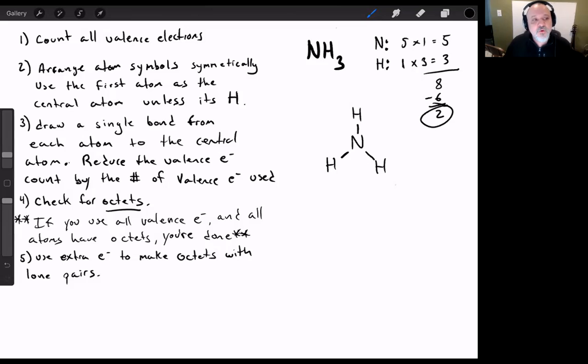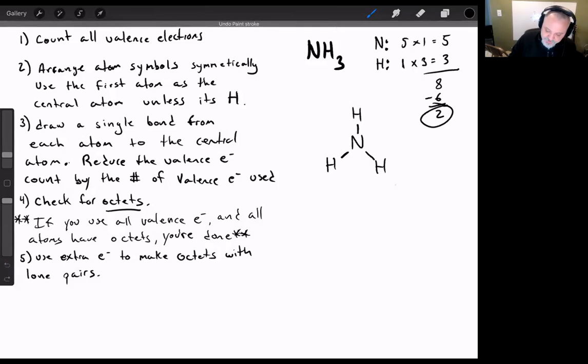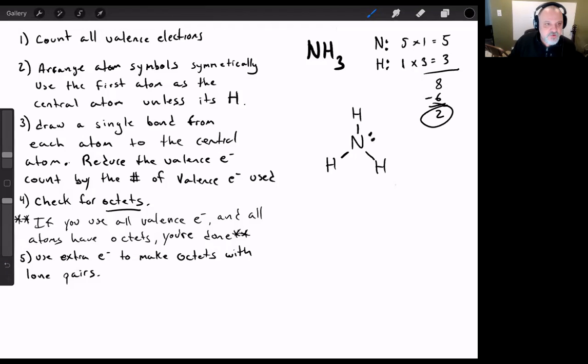So it needs more electrons. How many more does it need to have an octet? It needs 2. Now it doesn't matter where I show those 2. I usually pick the spot because I'm not a very good artist. There's always one space that's a little bit more open than the other space that's a little bit more crowded, but it's not wrong.